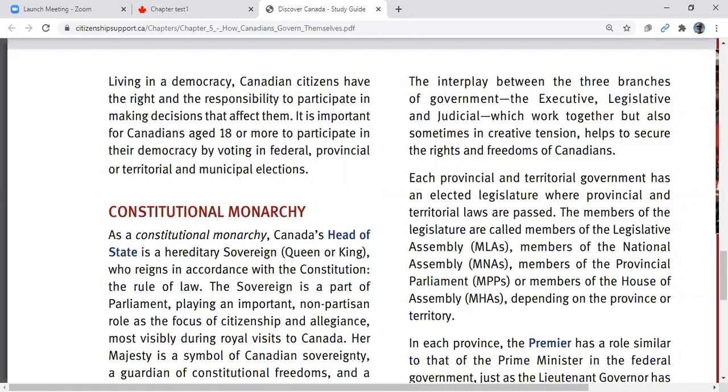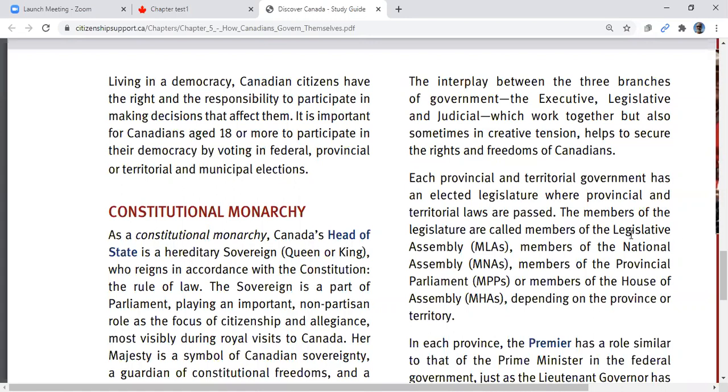Yeah, so do you remember everybody in the House of Commons in Ottawa is called an MP, a member of parliament. But we have 10 provinces, and they all have different names for their members. There's so many different names. So let's just try to remember some of these names, because these will be questions today anyways.